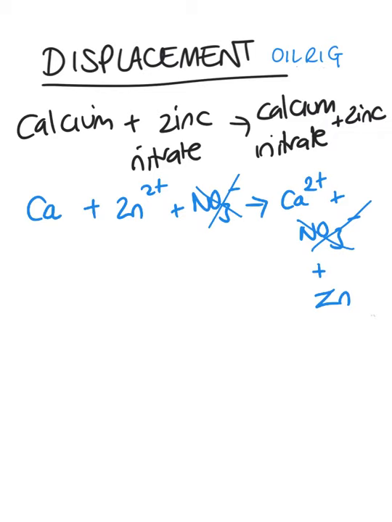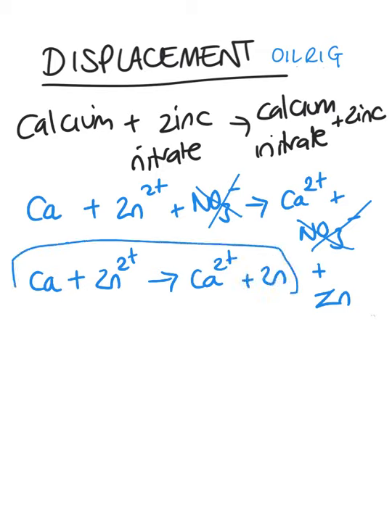Therefore our ionic equation will be Ca plus Zn2+ gives you Ca2+ plus Zn. So that is your ionic equation there.